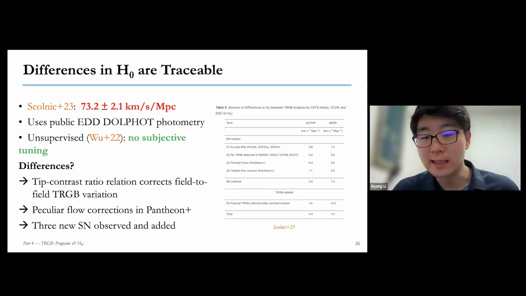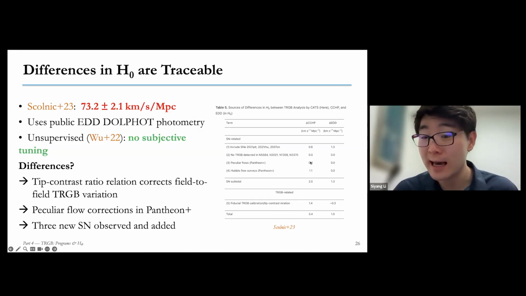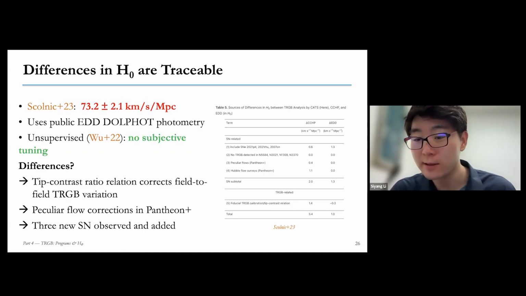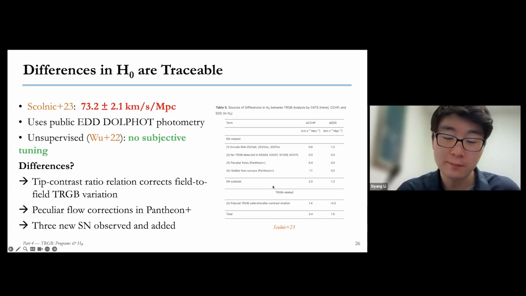There are also traceable things, for instance, applying peculiar flow corrections, which we do in the CATS results. That's not done in the CCHP team results. That shifts things by about 0.4. EDD did incorporate those corrections as well. There are also other effects here that are listed in this table.